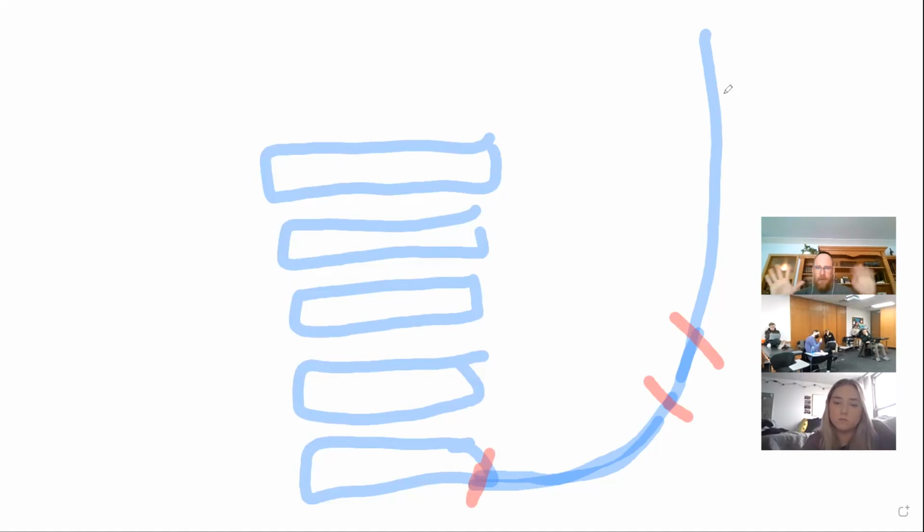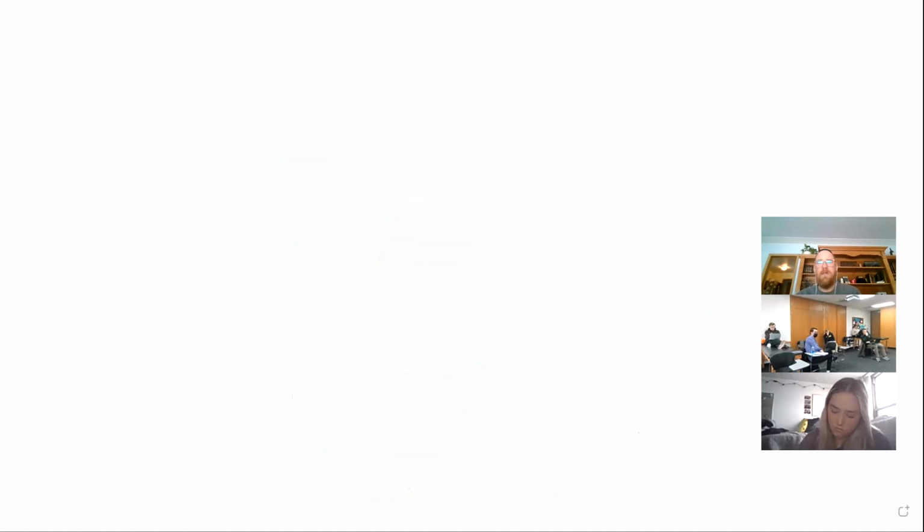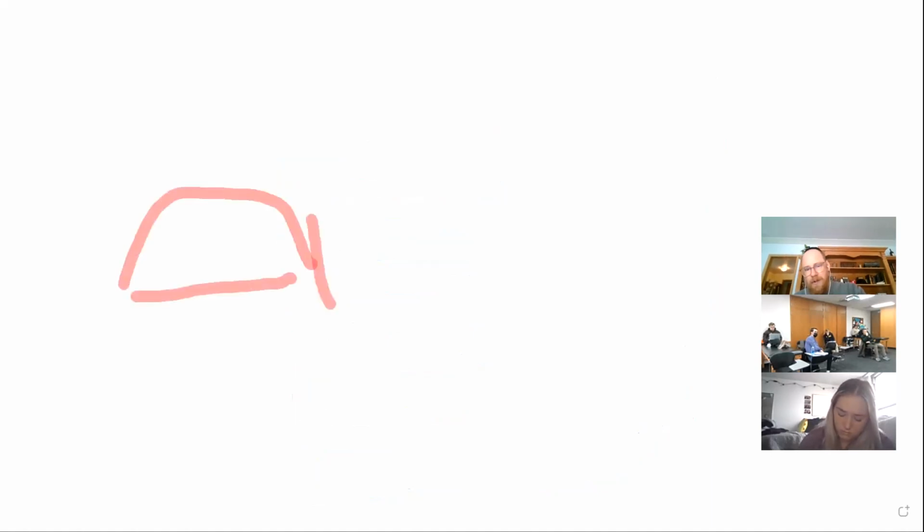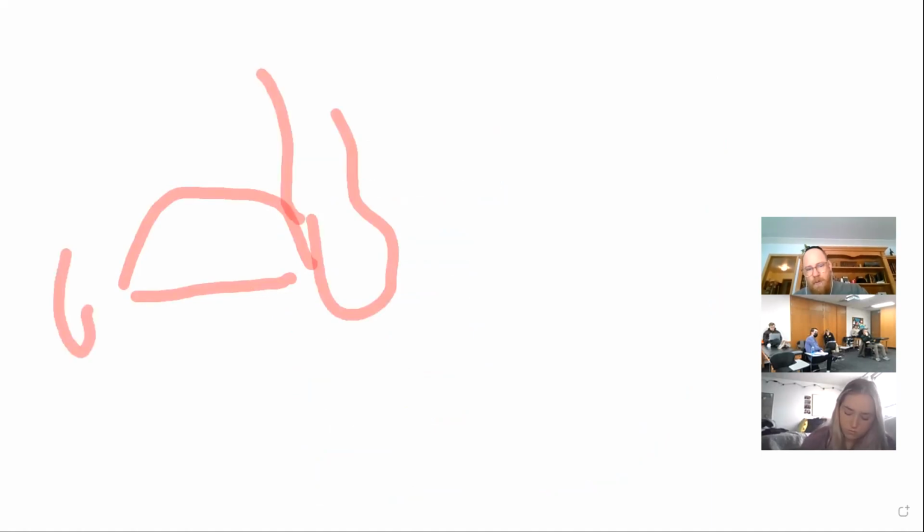Okay, all right, cool. So another example of that, I'm going to clear my drawings here, is the talus. Here's my talus. I'm going to draw my talus here. From an anterior view, it looks like this. And there's my tibia and my fibula coming around like so, forming that ankle mortise.